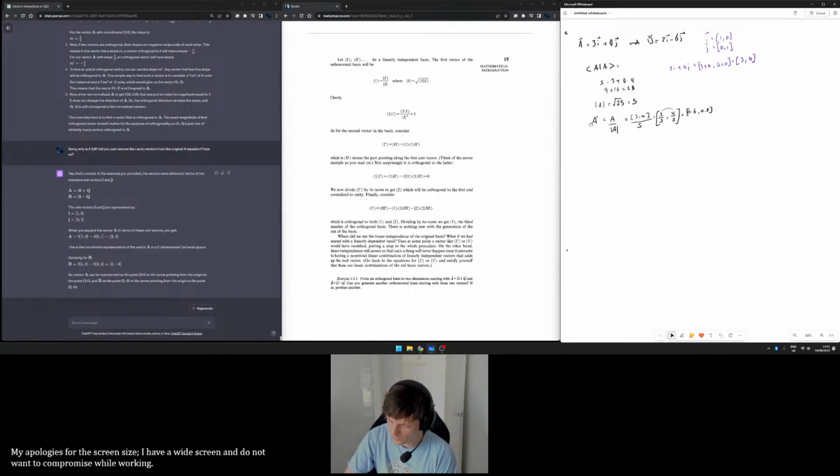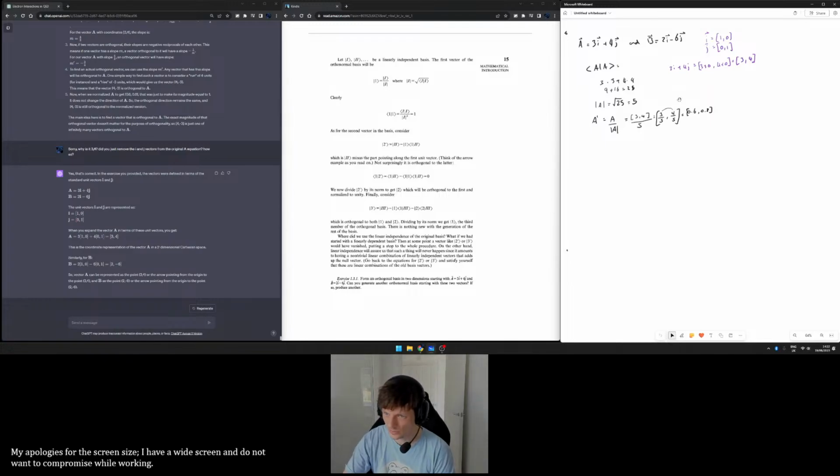For J is equal to 3, 4. Wonderful. Okay, I think I've got that now. And then this will be, nearly there, 3, 4 divided by 5. Let me just reposition this, and I think I'm done then.